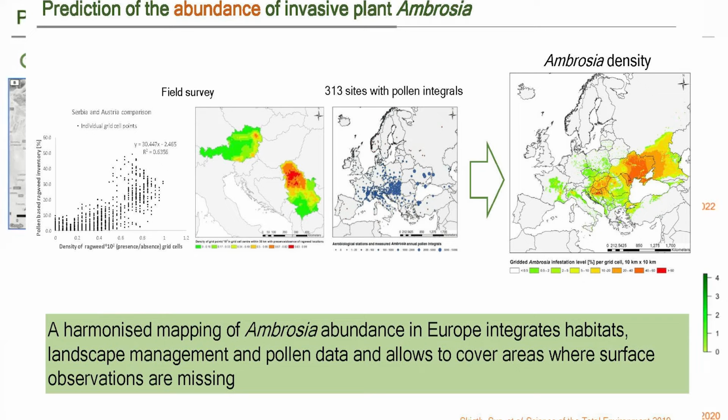And this would give us an idea. Then we calculate, based on the map, how many degrees we actually have in Europe. We could estimate how many generations per year this beetle could make in a specific location. So the darker green color here represents more generations of this beetle.